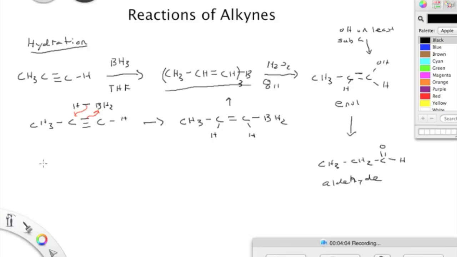So if your alkyne is terminal, meaning on the end, then you get an aldehyde.